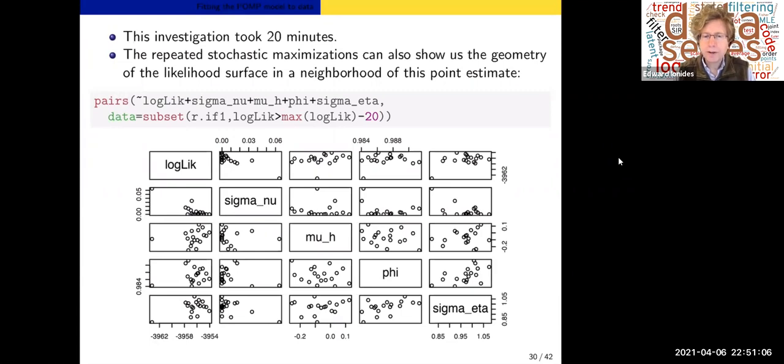Other things we might notice from this, the values of phi from this search. Phi is the autoregressive parameter for the stochastic volatility. This is in fact pretty close to 1.